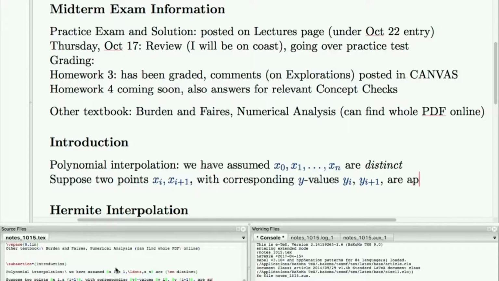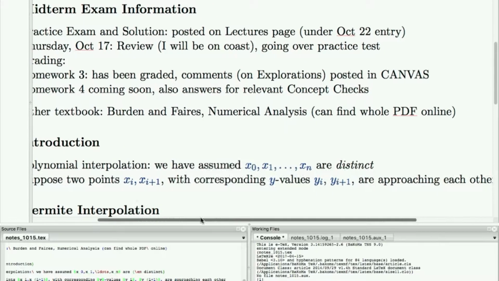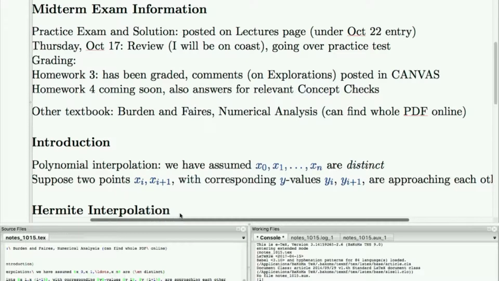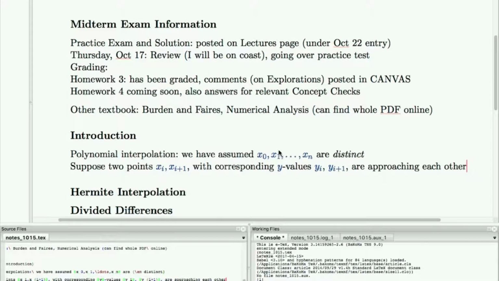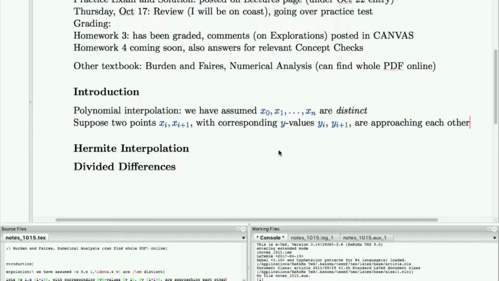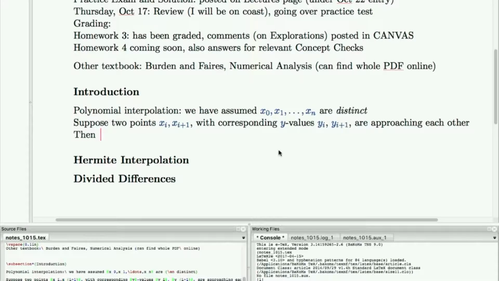So it's still distinct. I need to zoom out a little bit. Okay. So then what happens is we have the following.